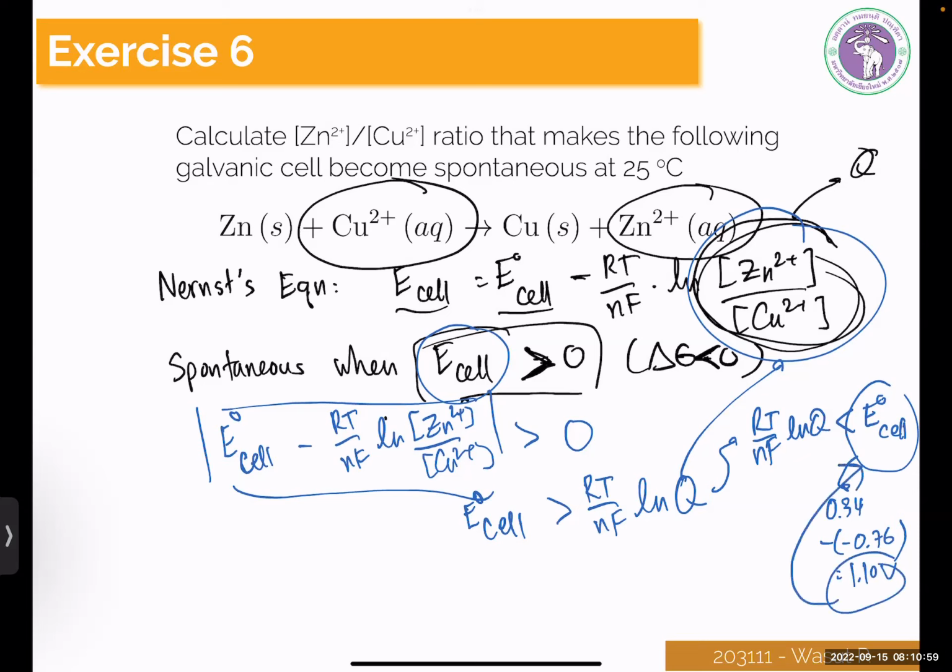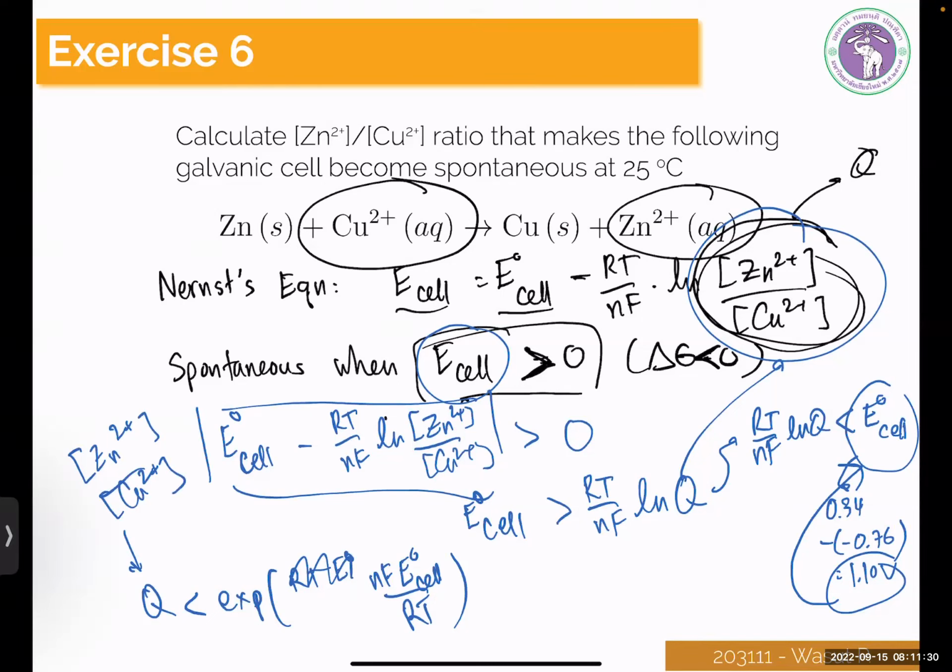So this is the one you plug in. So Q has to be less than the exponential of nF times E naught cell over RT, right? And this Q is the ratio that we want to look at, okay?